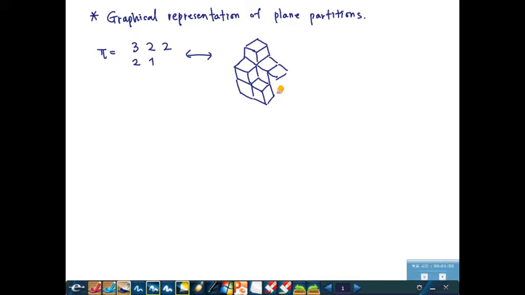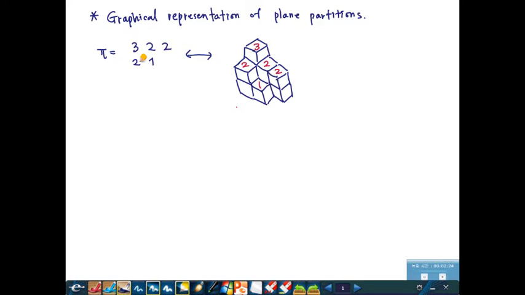See, like a little drawing session. We have 3 boxes stacked in a pile like this, and 2 boxes too. It's quite useful if you write the number of boxes at the top of each pile. You can see 3, 2, 2 boxes, 2, 1 boxes, like that. So this kind of stack of boxes is a graphical representation of this partition.